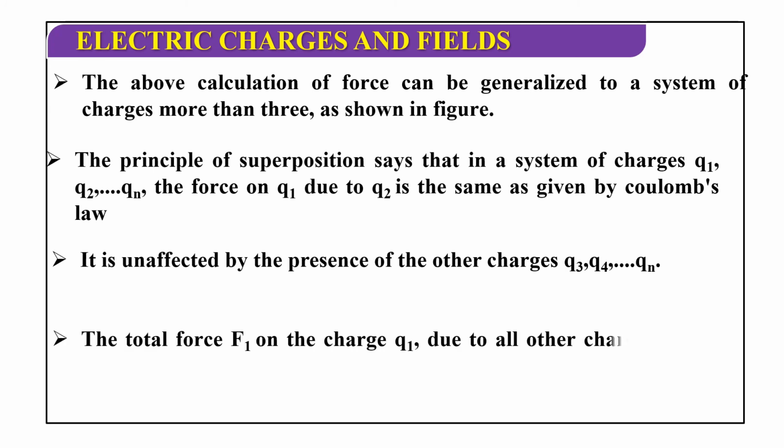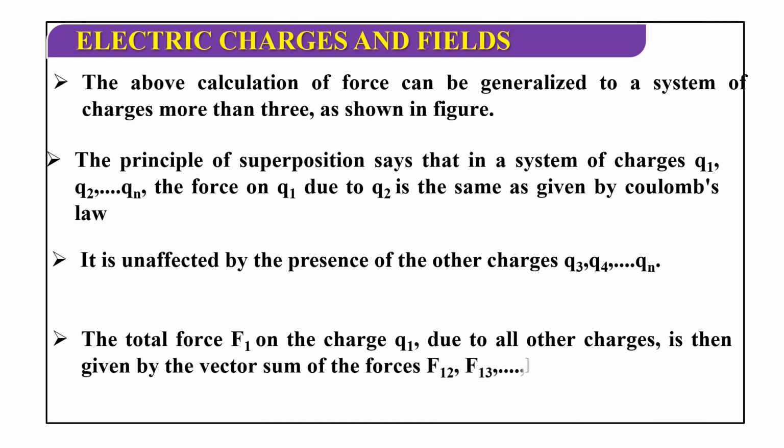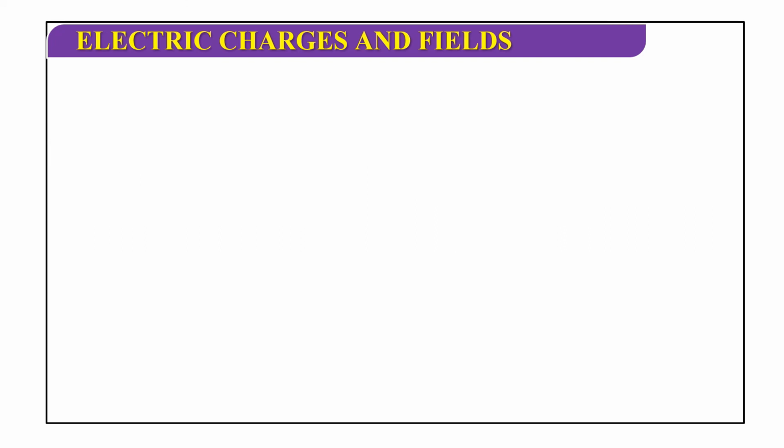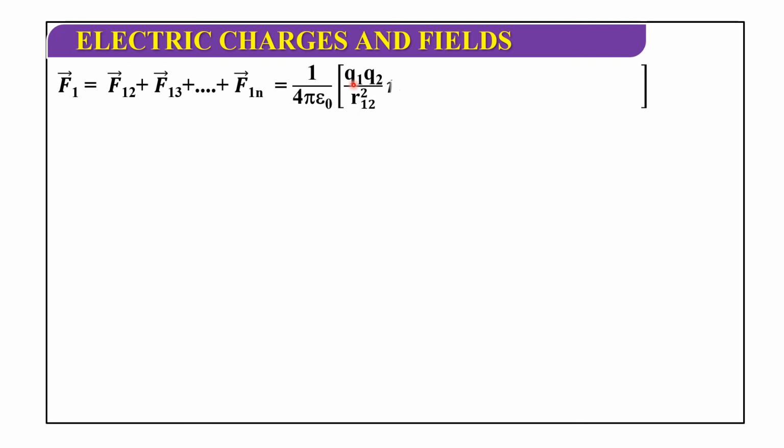The total force F1 on the charge q1 due to all other charges is then given by the vector sum of the forces F12, F13 and so on up to F1n. So, F1 equals F12 plus F13 plus so on up to F1n, that is equal to 1 by 4 pi epsilon naught, q1 q2 by r12 square r12 cap plus q1 q3 by r13 square r13 cap plus so on q1 qn by r1n square r1n cap.